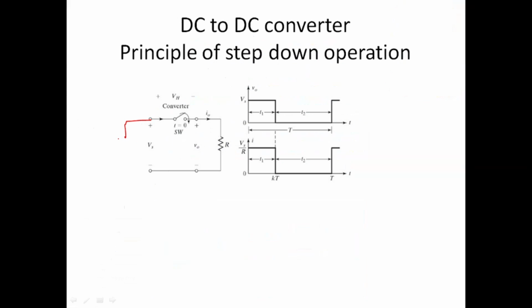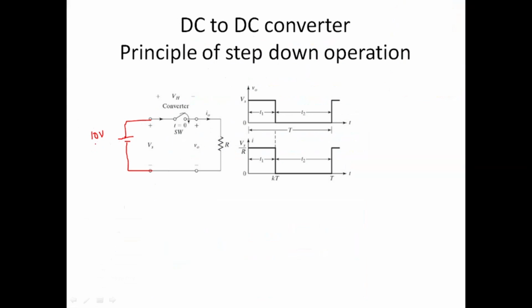We need to consider that there is a DC supply of some voltage. For an example, this may be 10 volts, or 5 volts, or 30 volts, whatever.